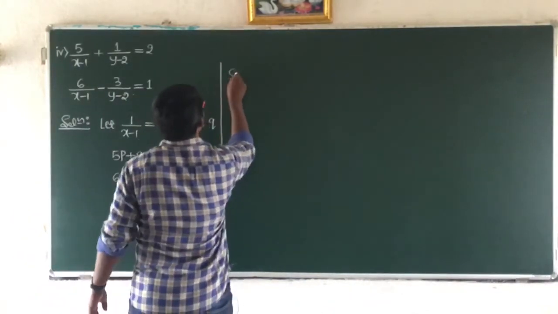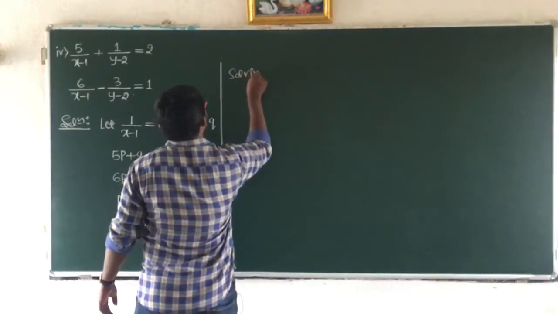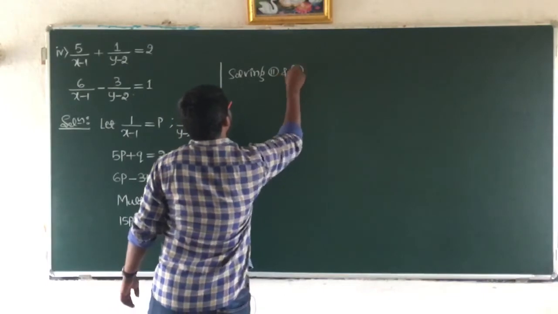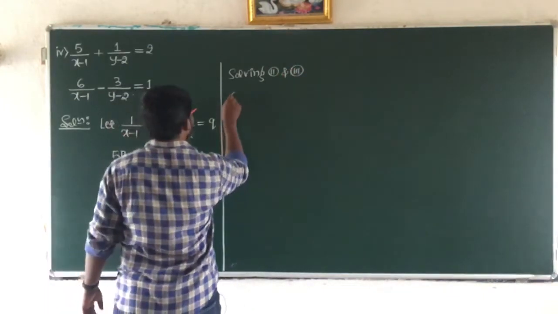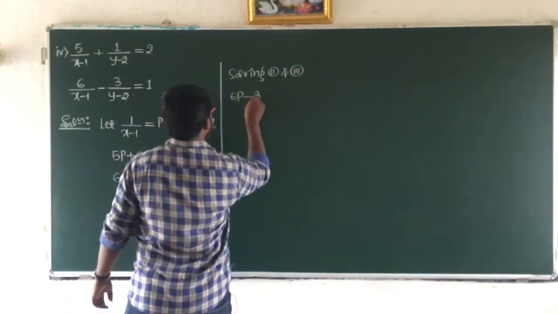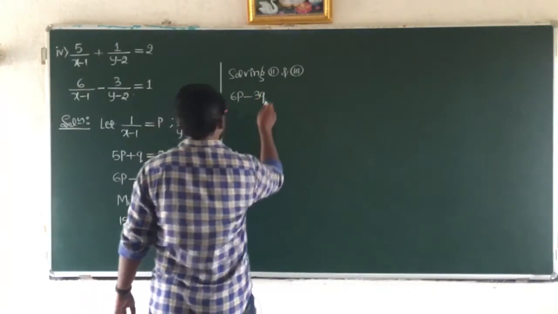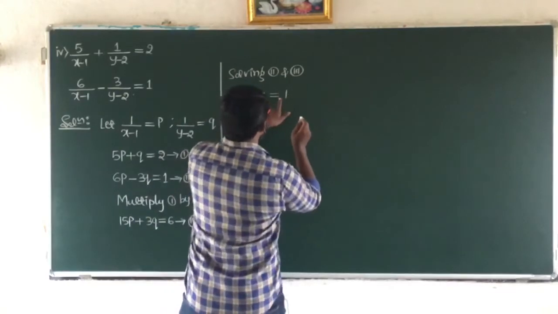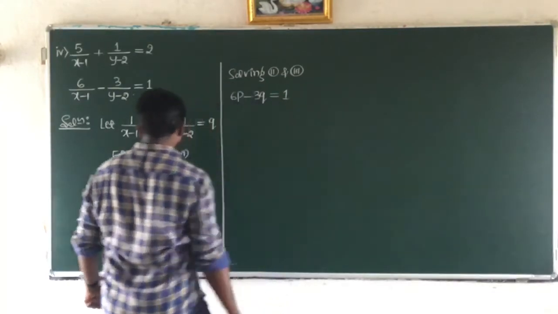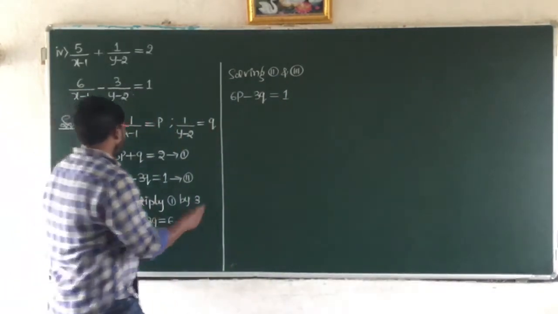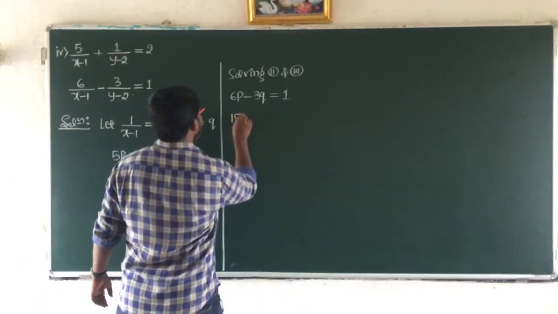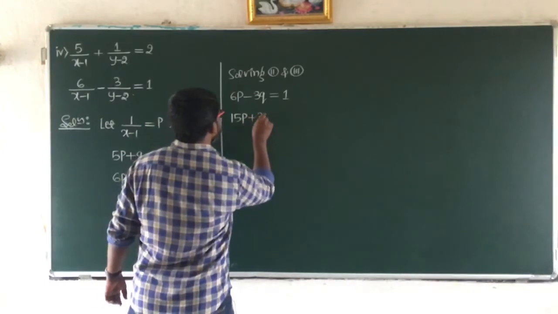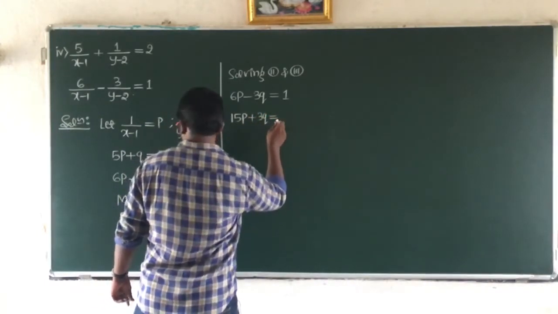Solving equation 2 and equation 3: 6p minus 3q which is equal to 1, then 15p plus 3q which is equal to 6.